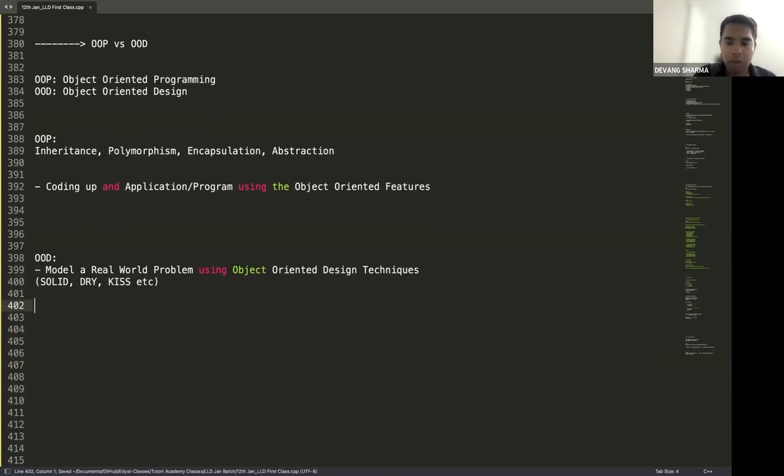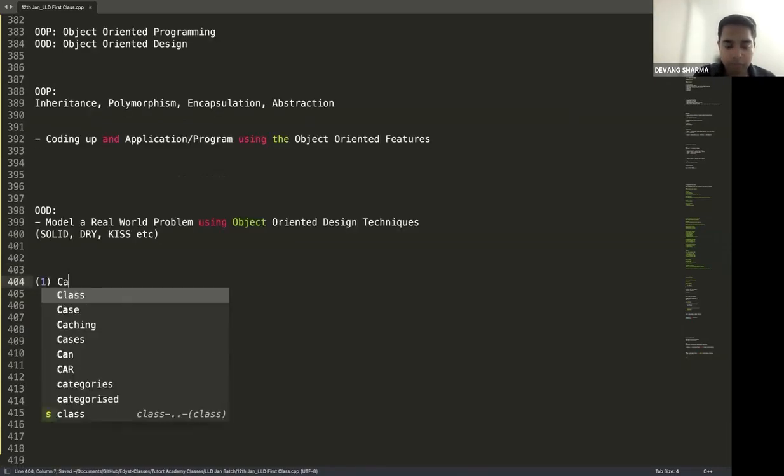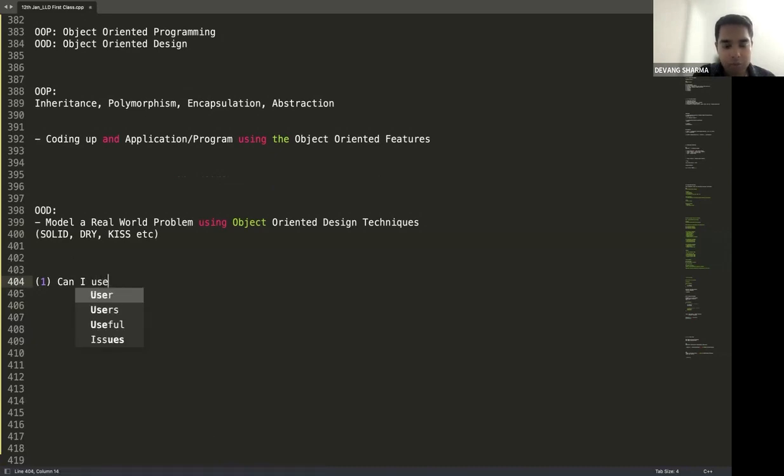Okay. Now the question becomes, can I use object-oriented programming without object-oriented design? And the second question becomes, can I use object-oriented design without using object-oriented programming?